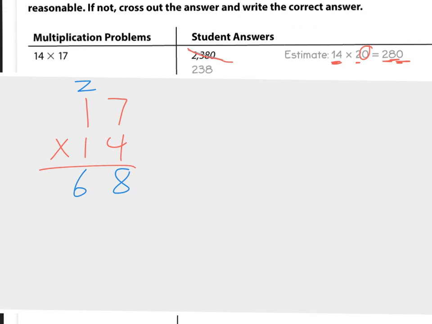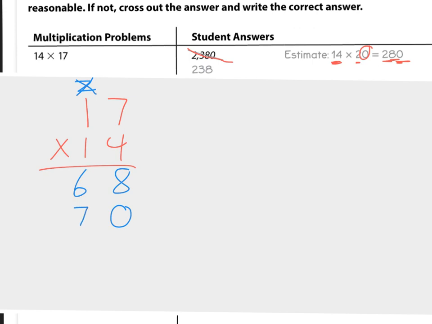Alright, now we're going to distribute our tens to each one of these places. So before we do that, we're going to have to add our placeholder because now we're dealing with our tens, so we put a 0 in our units place. And I can go ahead and cross this out because we have used that one now. So 1 times 7 will give me 7.